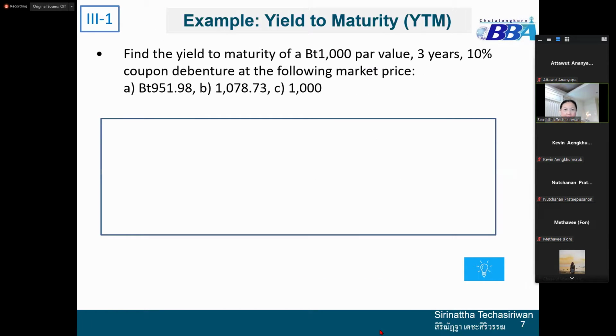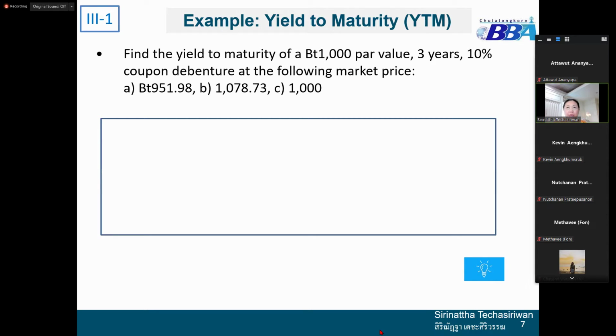Okay, so just to check your understanding, very simple example here. Find the yield to maturity of 1,000 par value, 3 years time to maturity, 10% coupon. Okay, when I talk about time to maturity, right, 3-year time to maturity, time to maturity is the remaining time until maturity.